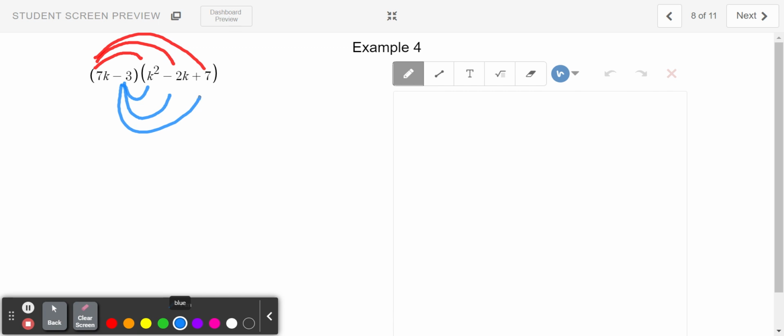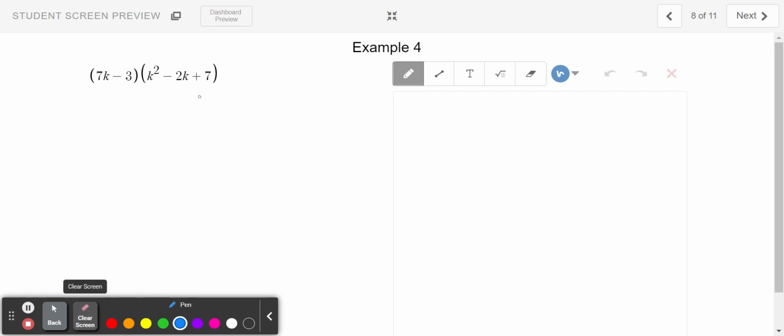You're going to end up with 6 different terms because you're multiplying 2 terms times 3 terms. That's fine. Just keep it organized. You can do it that way if you want. I'm going to try to keep it nice and neat in an area model. So let's see how that goes.